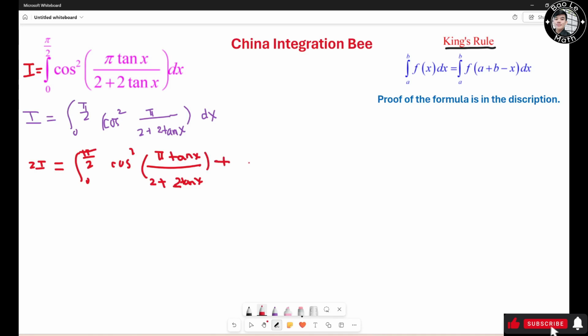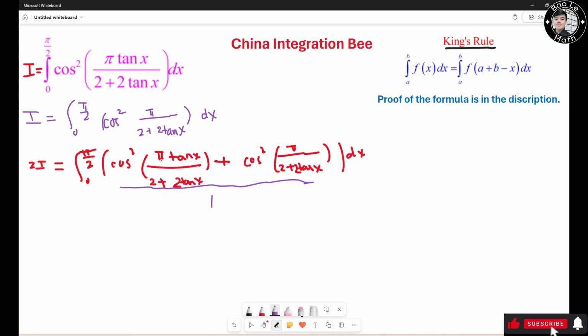plus cosine square of pi over 2 plus 2 tangent x, dx. Now I need to prove this one.